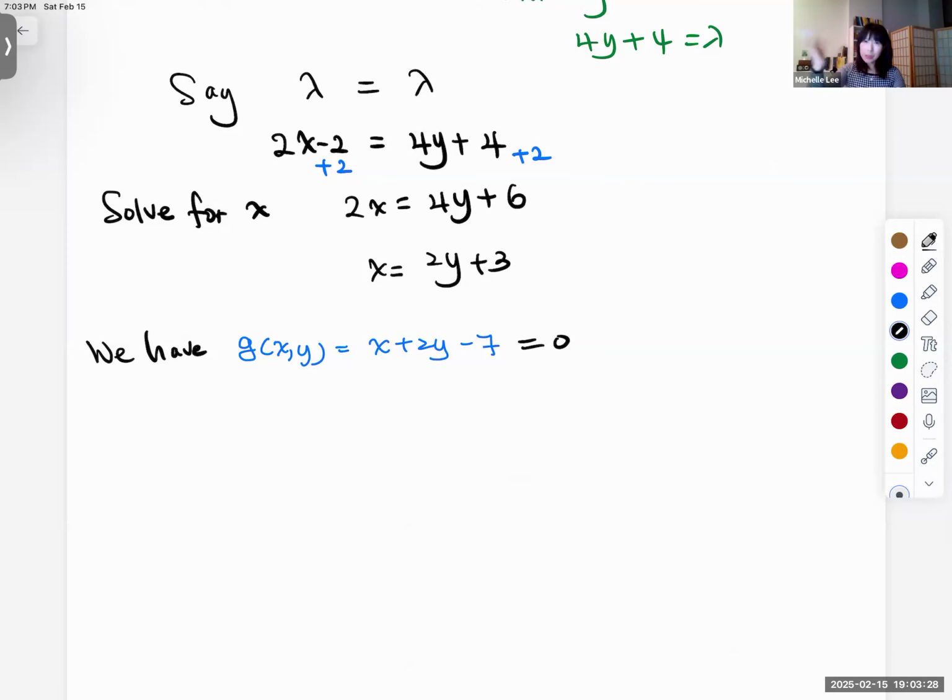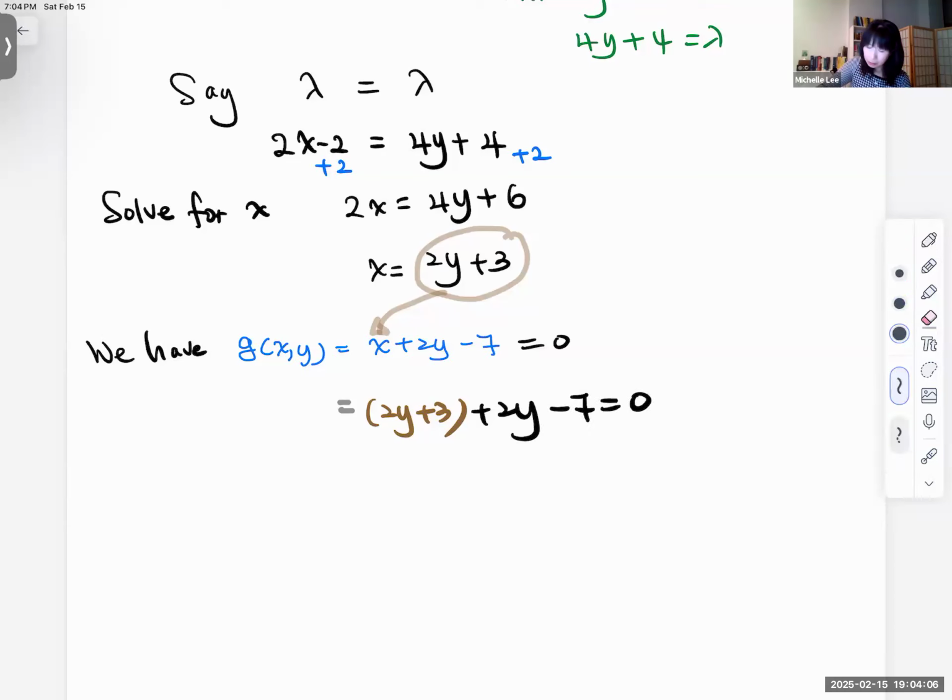Now, we can substitute into the g function x equal to 2y plus 3, right? So that would be, we have 2y plus 3 plus 2y minus 7 equal to 0.